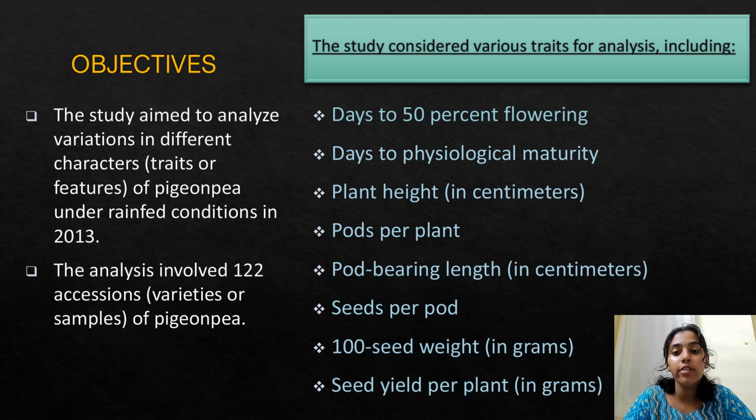Then plant height, which is measured in centimeters, and pods per plant, how many pods are present per plant. Next is pod bearing length, which is also measured in centimeters, and seeds per pod, how many seeds are there in one pod. The next is 100 seed weight, measured in grams, and the last one is seed yield per plant in grams.